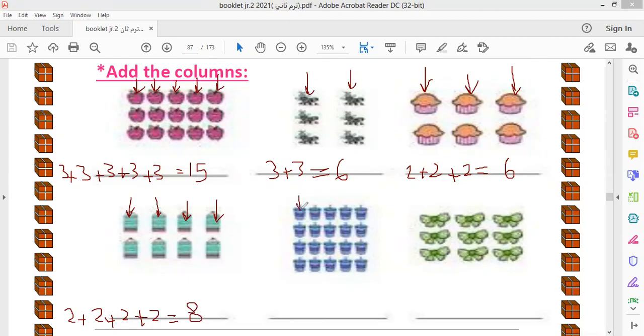And here 5 columns, and each column have 4. So we write 4 plus 4 plus 4 plus 4 plus 4 equal 20. We have here 3 columns, and each column has 3, so we write 3 plus 3 plus 3 equals 9.